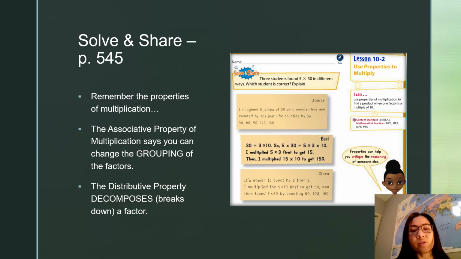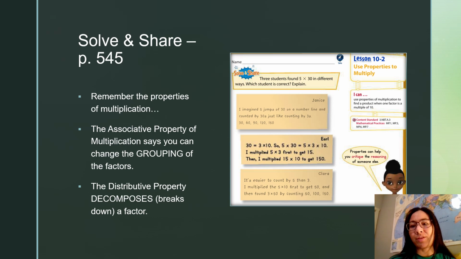Huh. So Clara ended up with the same answer also. Interesting. Take a moment and pause. Which of these students is correct? I think all of them. We have to explain why we think so.